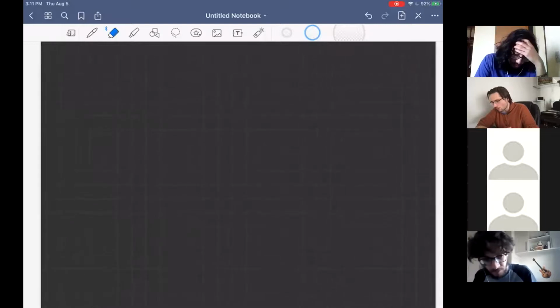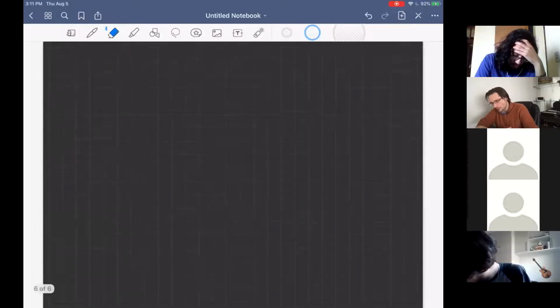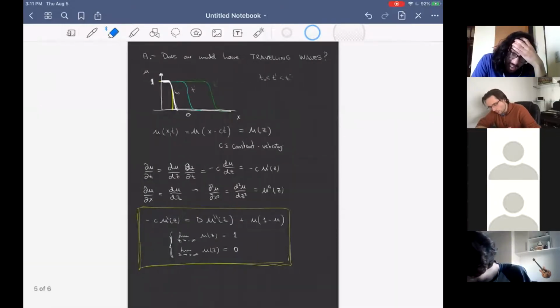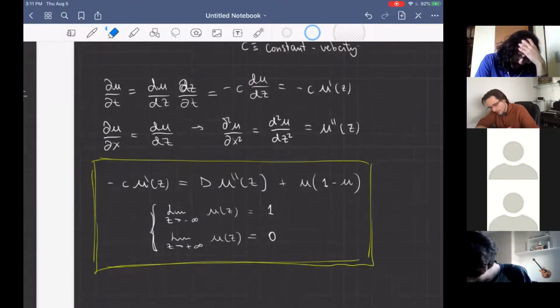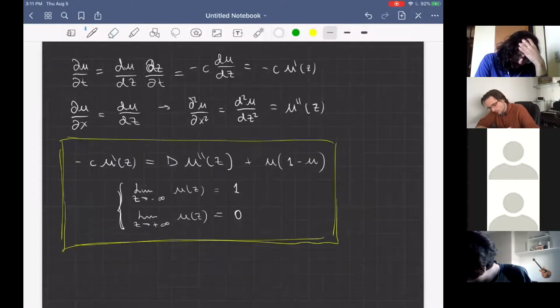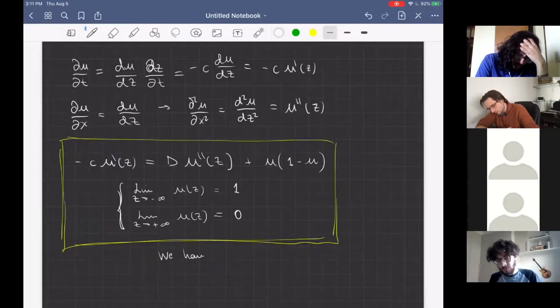Great. So the problem, or what we have identified, is that we have a second order derivative. How can you analyze this system? Anyone has an idea?